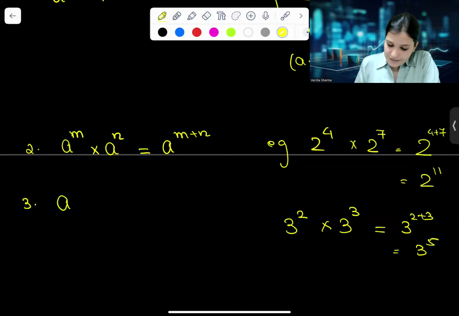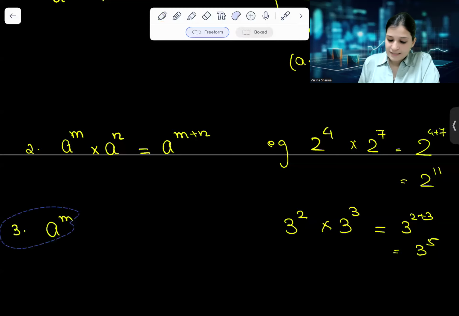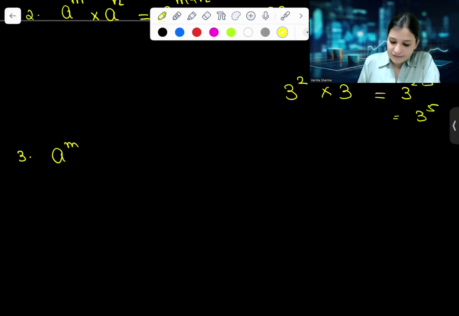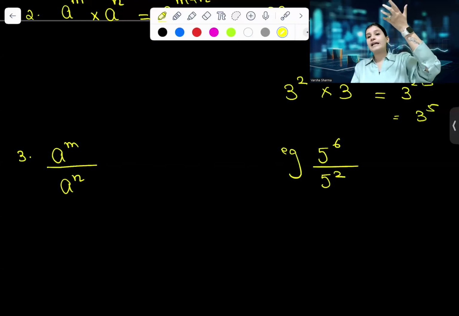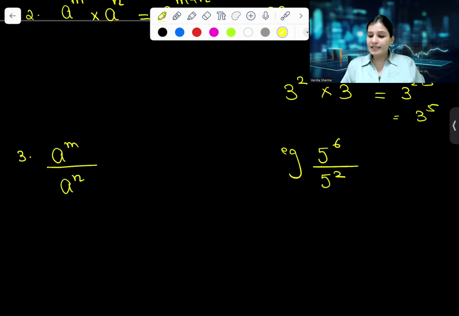Next, same base. This time it was getting multiplied. Now the same terms are getting divided: a power m divided by a power n. For example, if I have 5 power 6 divided by 5 power 2, in the numerator 5 is getting multiplied 6 times, and in my denominator 5 is getting multiplied 2 times. So the net answer will be 5 gets multiplied 6 minus 2 times.